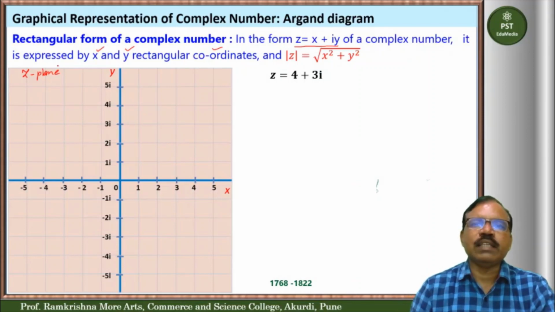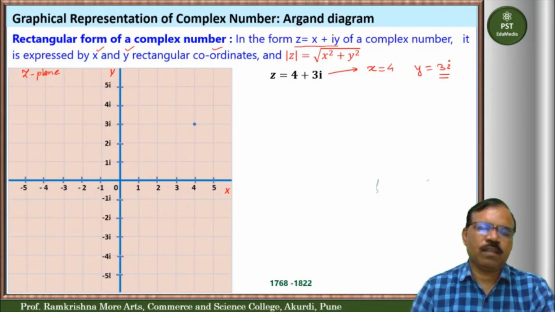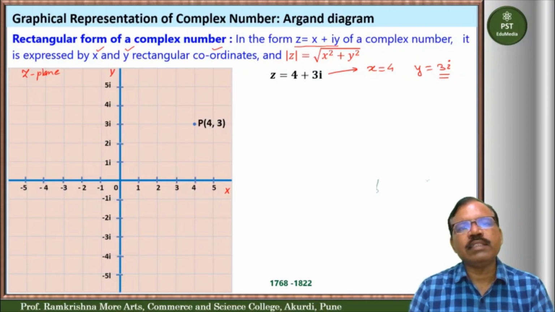I have taken the example z equal to 4 plus 3i, where in this complex number x is equal to 4 and y is equal to 3. So on the imaginary axis we take 3i and on the real axis we take 4, and we represent a point on the plane. That point is denoted by P and its coordinates are 4 and 3.